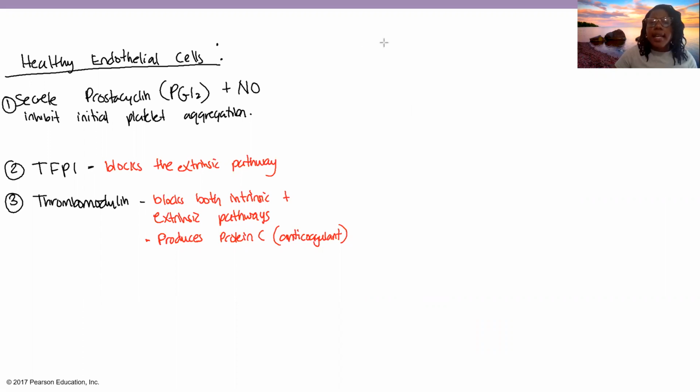Let's look here lastly at how we dissolve existing clots. Right, so this we think about as prevention. And then on the other side, we can think about dissolving those clots, which is kind of like the cure, right? Prevention versus cure. So we've got the dissolving of clots.